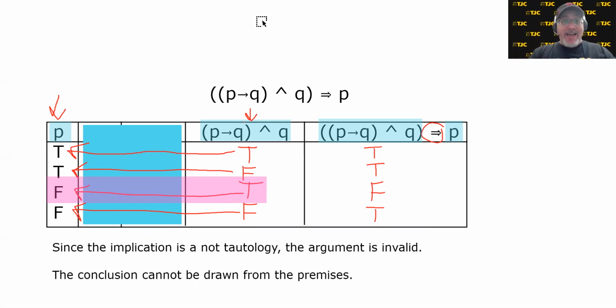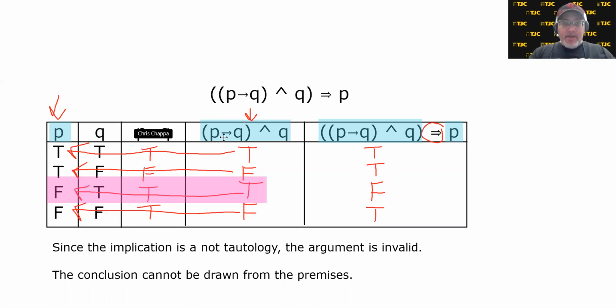In order to see that, let's get rid of this big blue rectangle there. And if you'll notice, in this row and in this row only, both premises are true, which makes their conjunction true, which makes the antecedent over here true, but the conclusion is false. So there exists a scenario where the premises are true, but the conclusion does not follow.